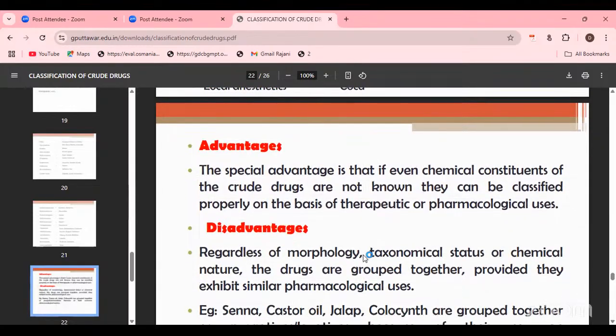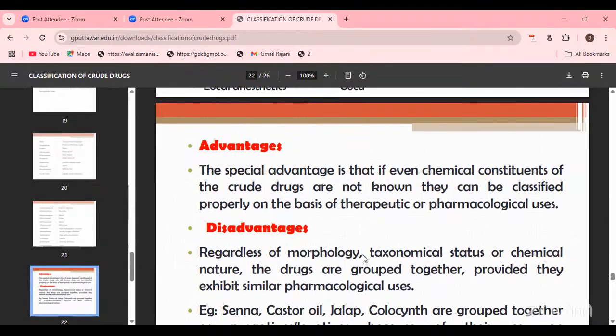Here the special advantage is that even if the chemical constituents of the crude drugs are not known, they can be classified properly on the basis of therapeutic or pharmaceutical uses. The disadvantage is that, regardless of morphology, taxonomical status or chemical nature, drugs are grouped together provided they exhibit similar pharmacological uses.